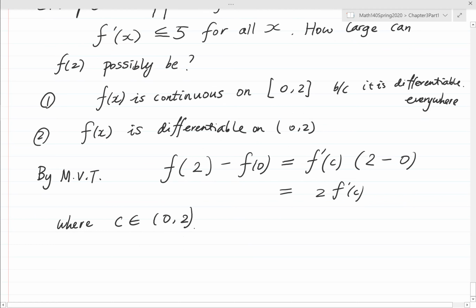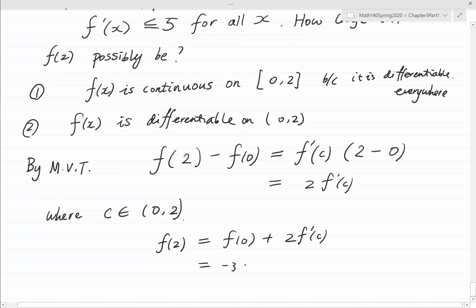We want some information about f(2), so we solve for f(2). We move f(0) to the right, so f(2) is f(0) plus twice f derivative at c. Now f(0) is given as -3, so f(2) is -3 plus twice f derivative at c.